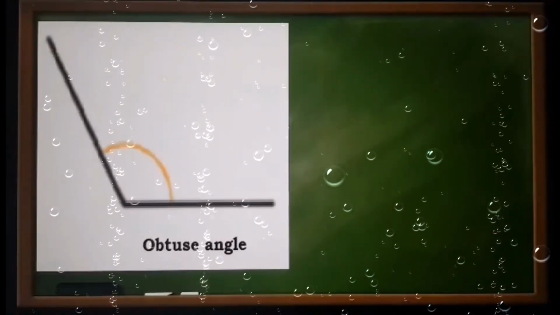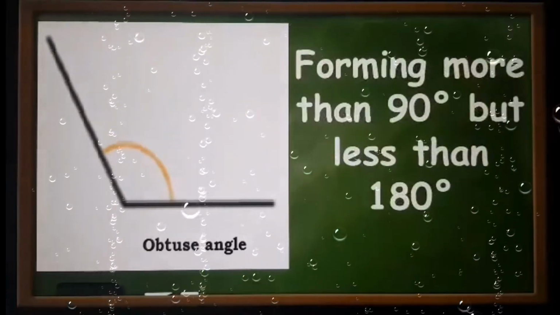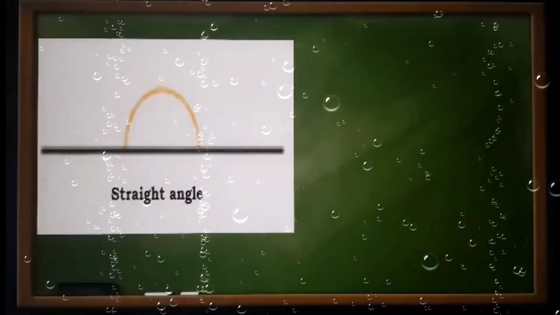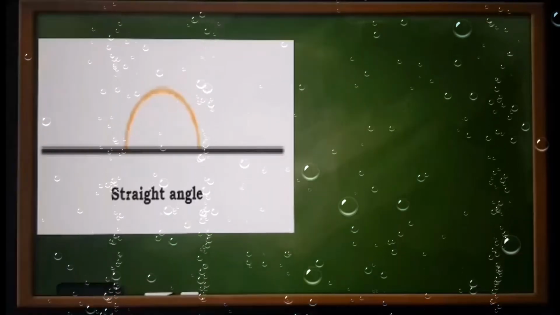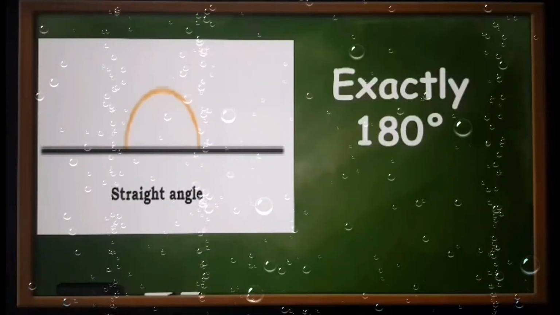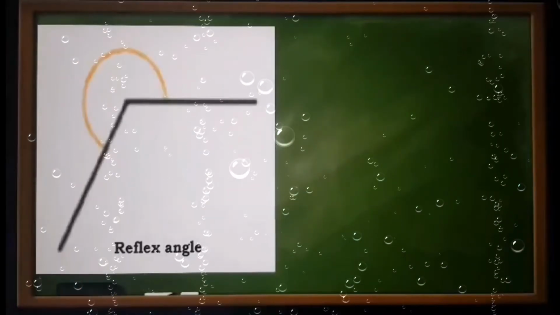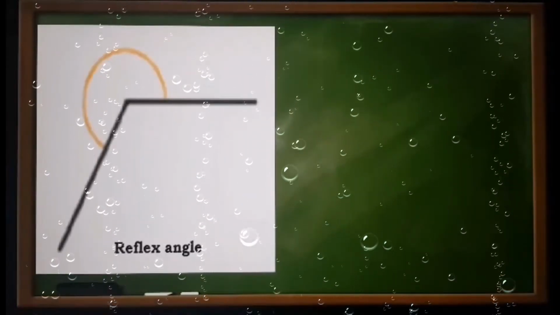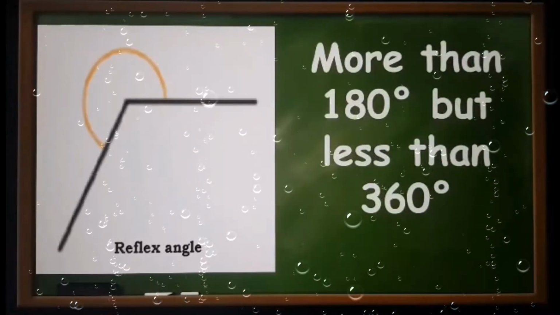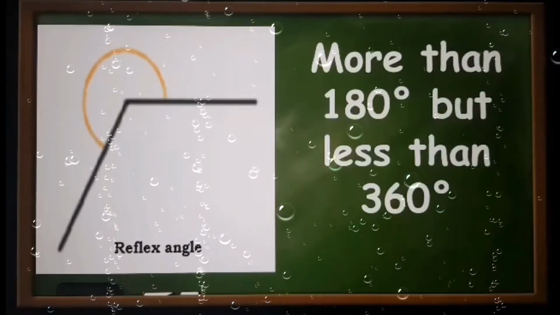Obtuse angle. Forming more than 90 degrees but less than 180 degrees. Straight angle. Exactly 180 degrees. Reflex angle. Measure more than 180 degrees but less than 360 degrees.